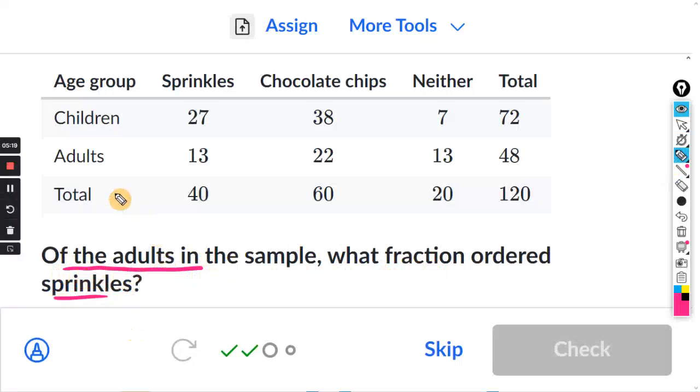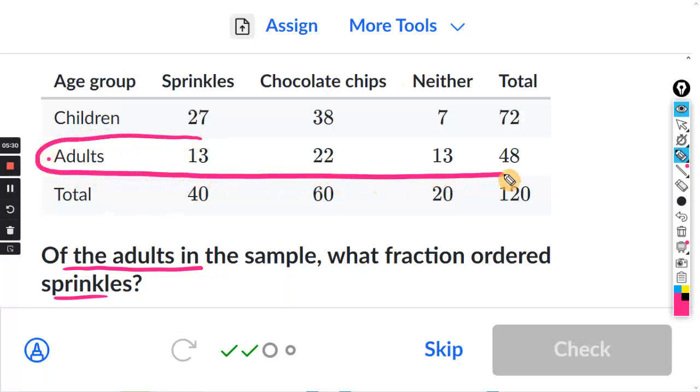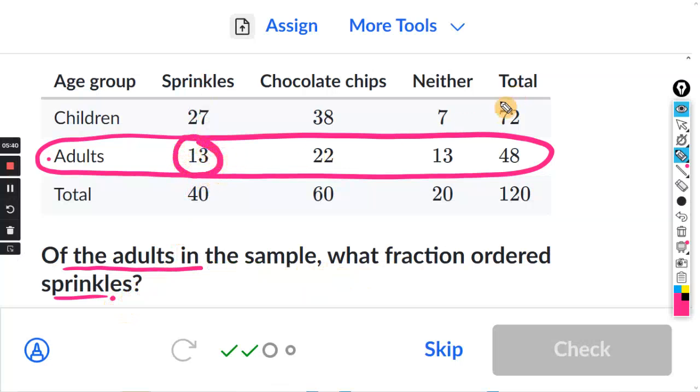So we're limiting ourselves to the adults, okay? These are the toppings, and these are the age groups. So the adult row is this row right here. Of the adults, what fraction ordered sprinkles? Well, the ones that ordered sprinkles are right here. That's 13. And the total column is right here.